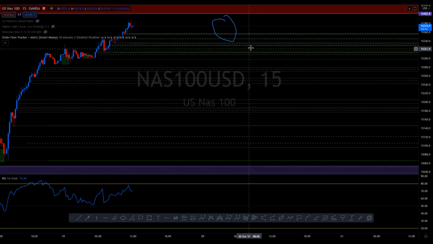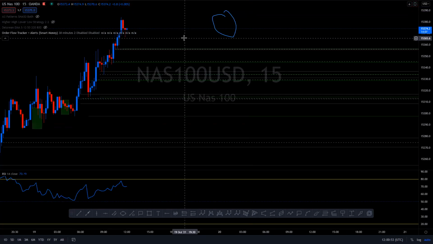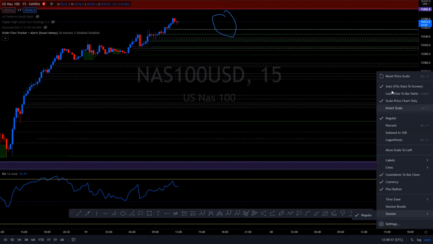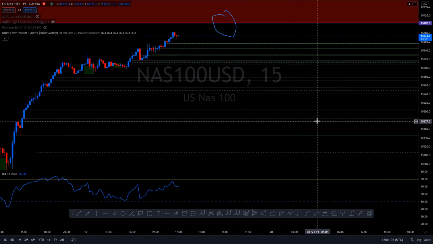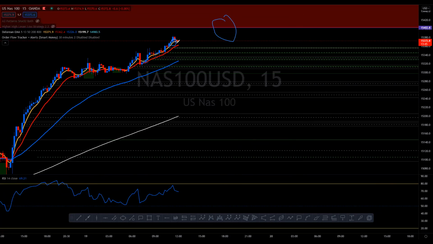So with that being said, the very next thing I'm going to do is turn on the Delorian EMA indicator. Now, my sniper entry is going to come when this yellow EMA crosses this red EMA.